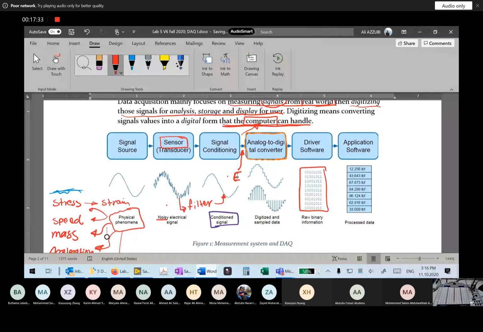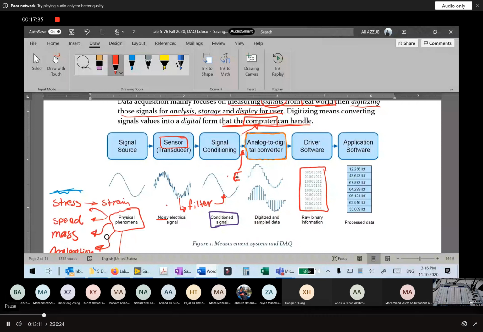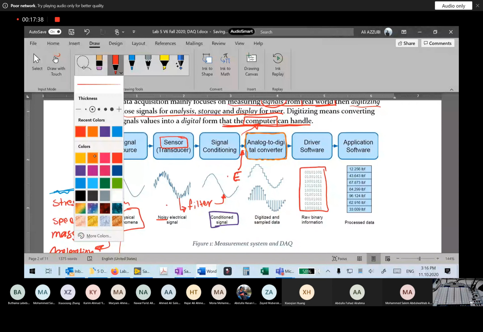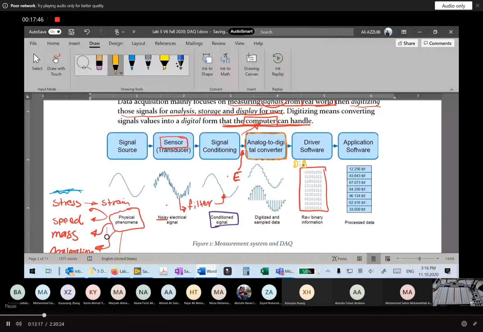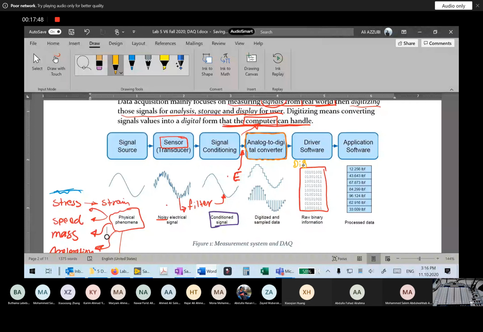So this is electrical, and here I see digital. This is my digital signal.